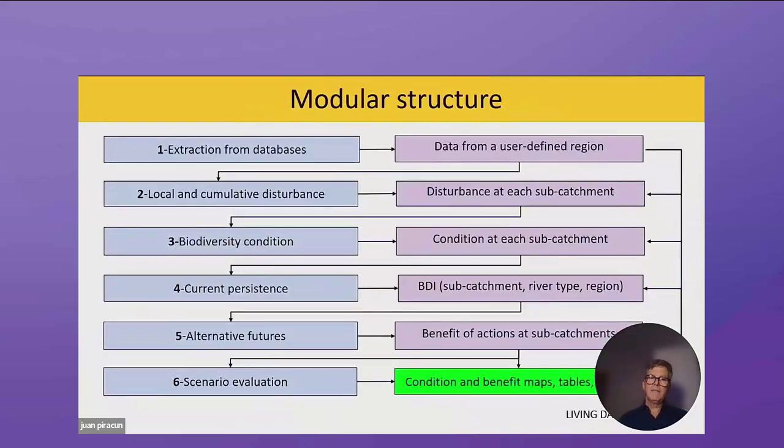And all of these are integrated into a platform in a modular structure where we have 6 different modules. We've so far developed 5 of these. The last one is scenario evaluation, which we are currently working on. So each module generates outputs that feed into the next module, or the final outputs, which are biodiversity condition surfaces, spatial layers, benefit surfaces for conservation actions and restoration.